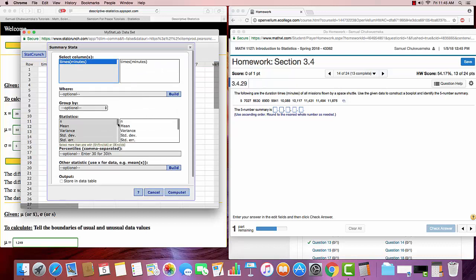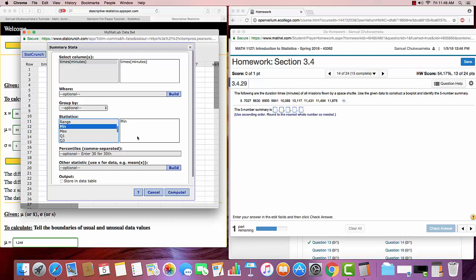Now the 5-number summary of data, the first one is the minimum. Then, if you're using Windows, hold the Shift key. If you're using Mac, hold the Command key. I'm using Mac right now, so I will hold the Command key to make multiple selections.